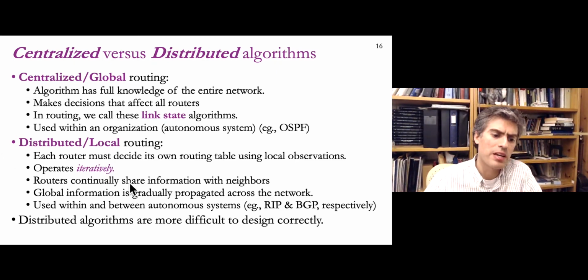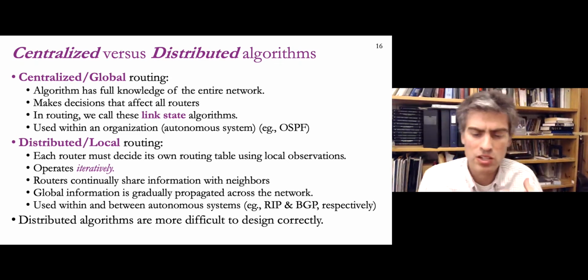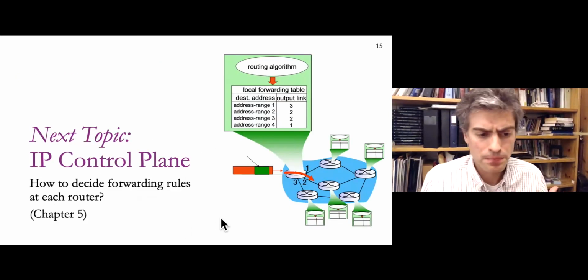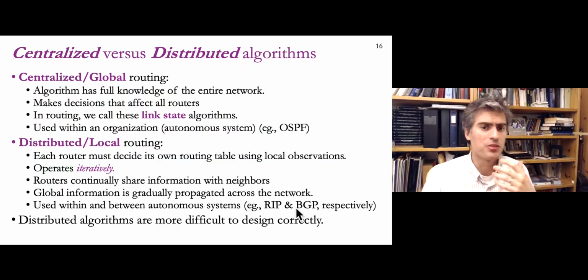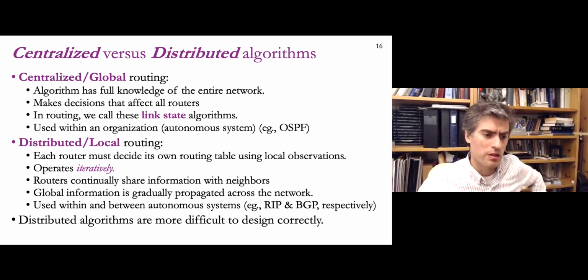And these operate iteratively, so you have a little information, you share it, you get a little information from your neighbors. As you get new information, you update your information and continue. So BGP does this. That's the main algorithm used for routing across the internet at the global scale, which we have a couple lectures talking about.